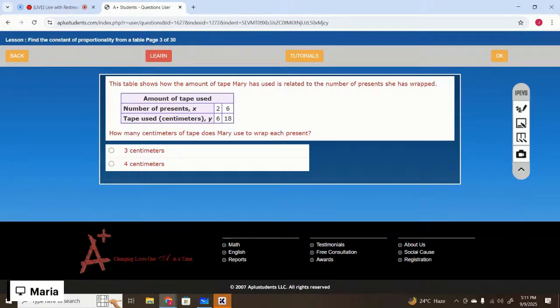How many centimeters of the tape does Mary use to wrap each present? So it would be y over x.